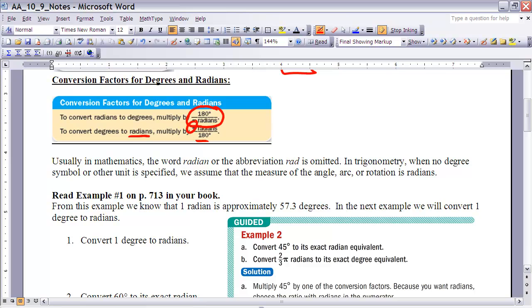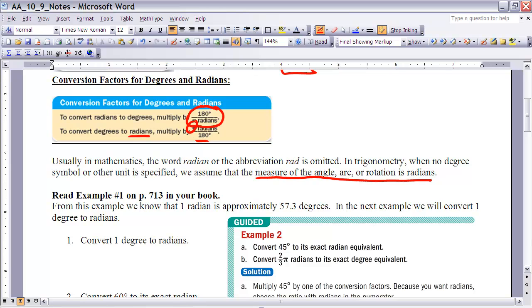So usually in this book, we generally omit radians as an abbreviation with the measure. So for purposes of this book, if we give you a value with no degree symbol, we're going to make the assumption that the measure of that angle, arc, or rotation is in radians.